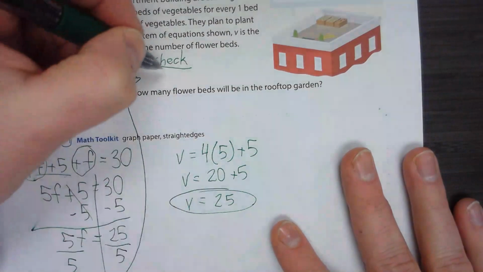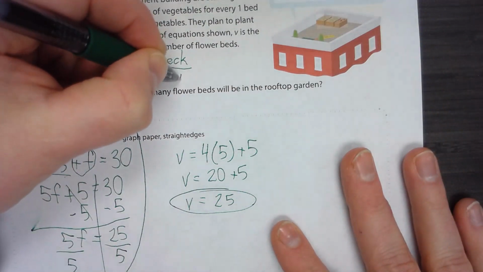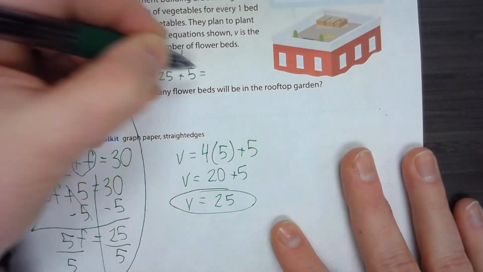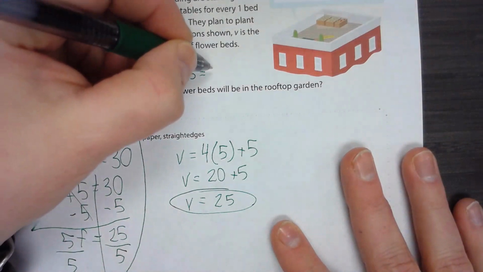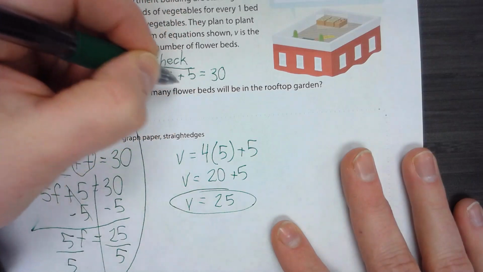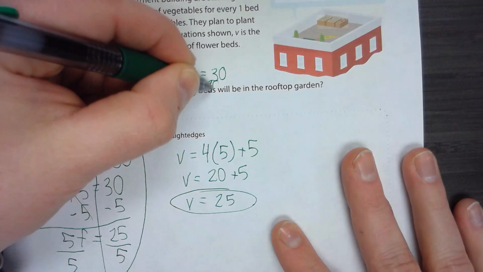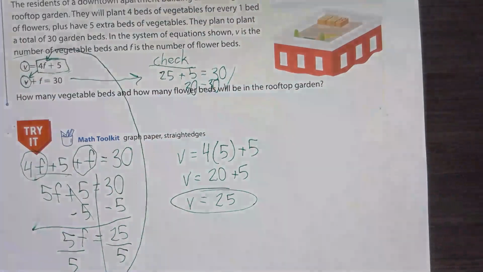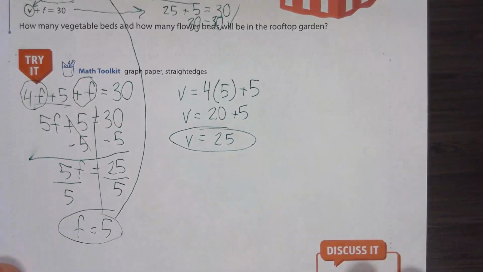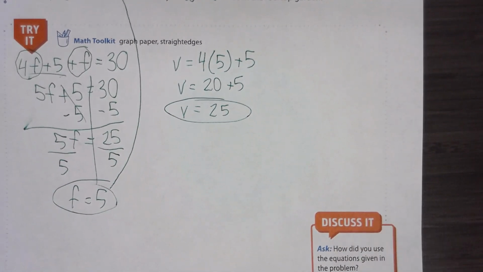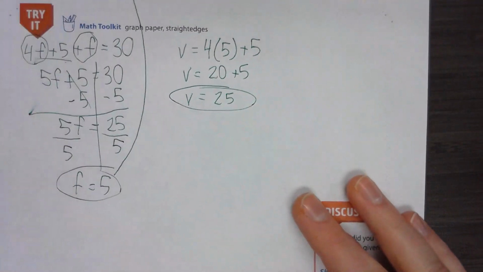V, I decided was 25, plus F, I decided was 5, and I need it to equal 30. And that's true. 25 plus 5 is 30 equals 30. That is true. If you get the same thing on both sides, you know you've done it right. You can prove it to yourself, and you can make sure without a doubt that you've done this correct, and you're going to get correct credit on this.